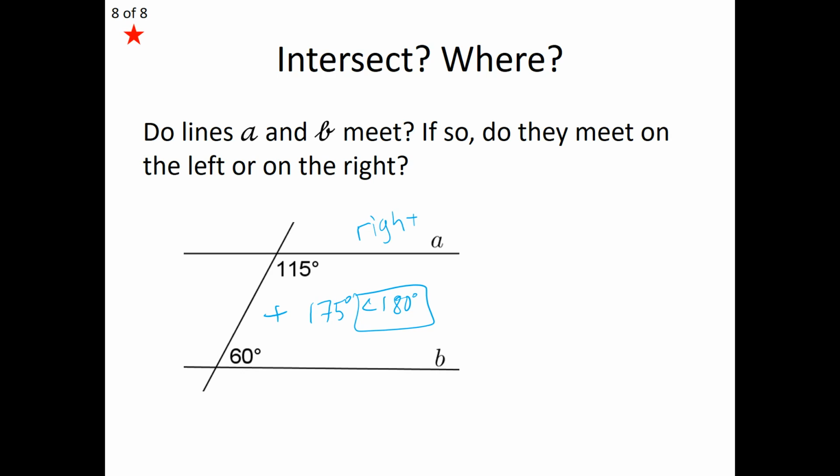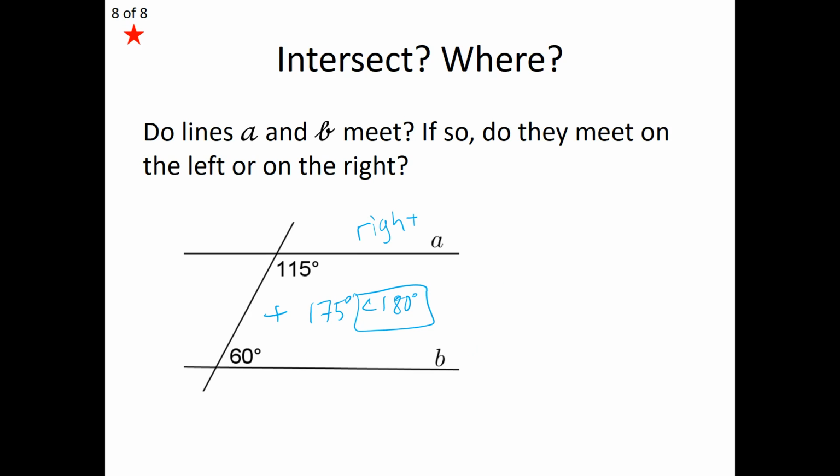Now think about it, right? The sum of these 2 angles is less than 180 degrees, which means it's as if these 2 lines are not really appearing to be straight. They're a little tilted in, which then means eventually down the line, they will in fact intersect. Okay? But if the angles did add to 180 degrees, then those lines would never intersect. So what we're looking for is that sum.